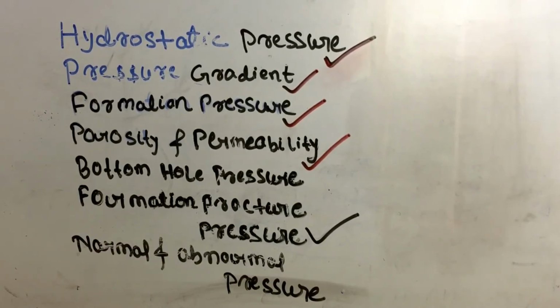Normal pressure, overbalance pressure, which is also known as trip margin, and underbalance. These three types of condition will generally happen in our well. If the difference between the hydrostatic pressure of the drilling fluid and the formation pressure is not large, it is known as normal pressure.